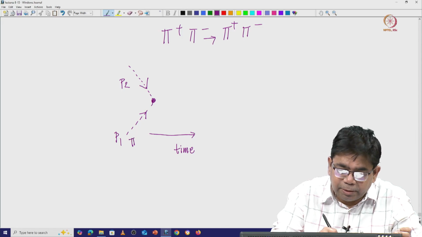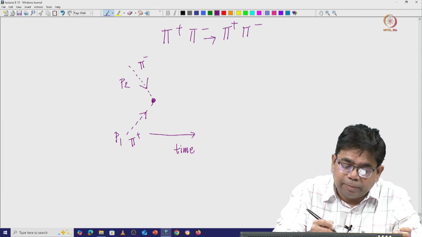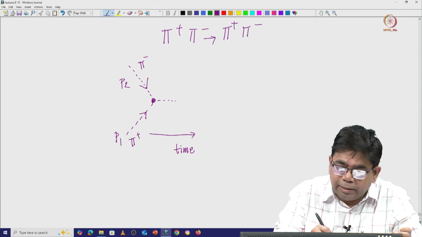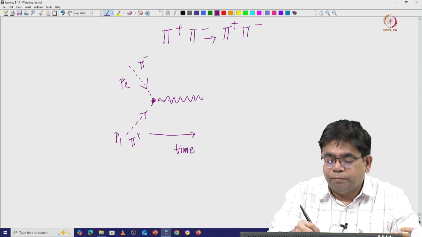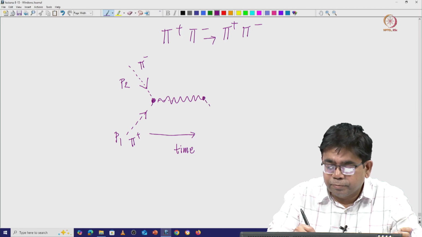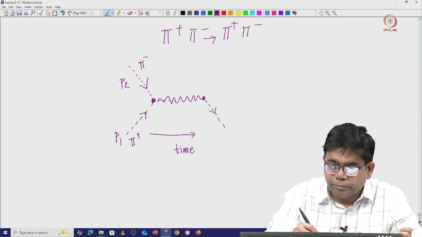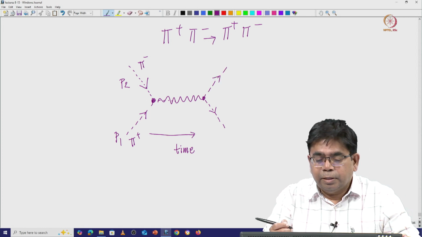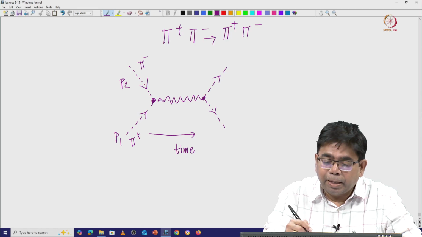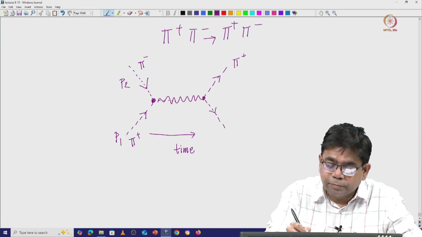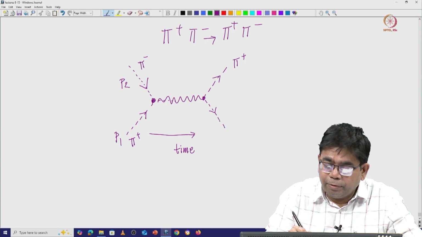So this is a pi plus, the antiparticle is pi minus, and this gives you a photon. In this direction essentially, you can have an outgoing pi plus and outgoing pi minus.